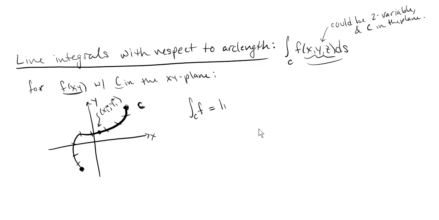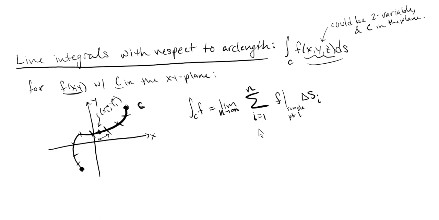Let's just say this equals the limit as the number of pieces, say I chop this into n pieces, as the number n of pieces goes to infinity, of the sum over each one of those pieces of the function value at our sample point on any given piece. So the function value evaluated at the ith sample point, times this little amount of arc length, which we'll call delta Si, the ith one of those little arc lengths.